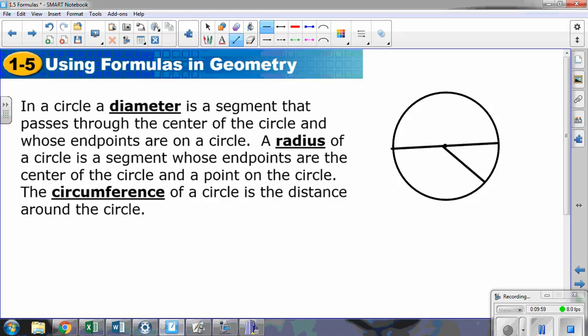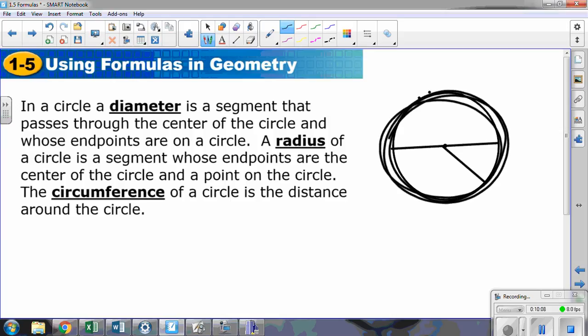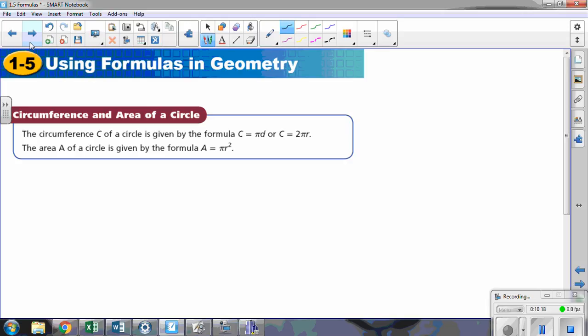What is circumference? Circumference is the distance around the outside. Essentially, circumference is the perimeter of a circle. And thus, we have some of the circle formulas for circumference and area.